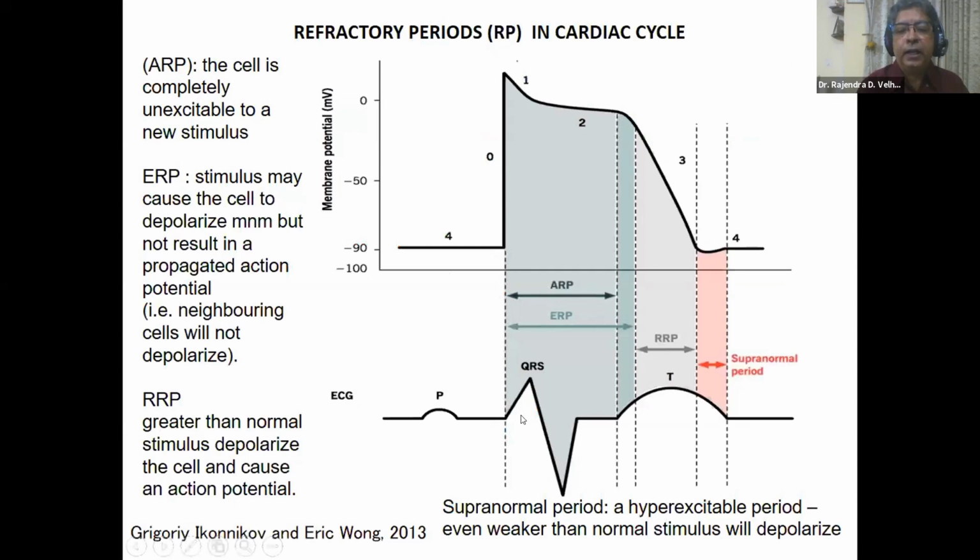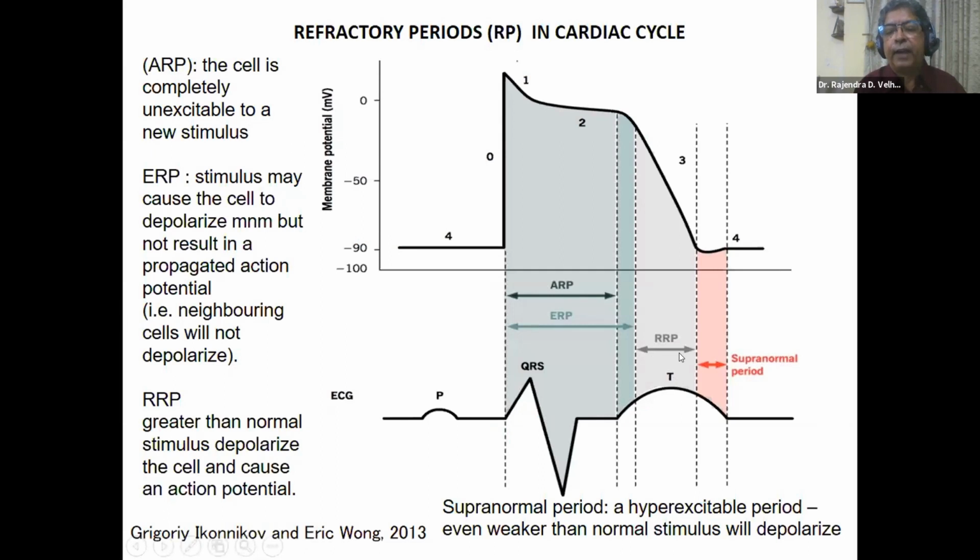That is the phase of ventricular depolarization till the beginning of repolarization. This is the T wave, so it's repolarization. So when the ventricles are depolarizing, the muscle cell will not respond to any stimulus. It will say no.